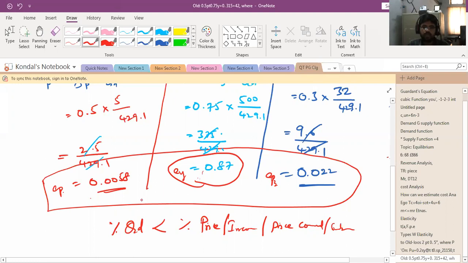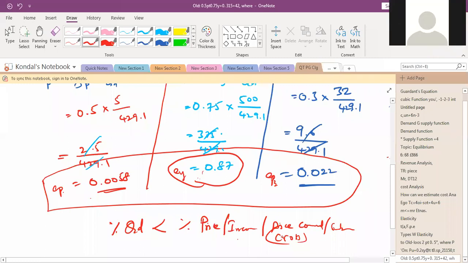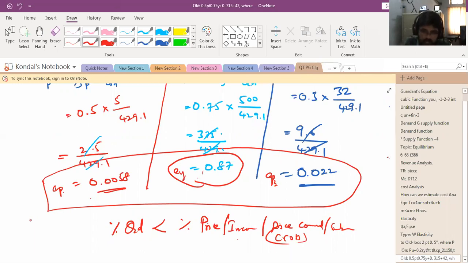So we can say the percentage change in quantity demanded is less than the percentage change in price, income, and cross also. So this is how we can calculate elasticity of demand simply by using the functions. If it is clear, let me know. If anybody has a doubt regarding this, let me know.